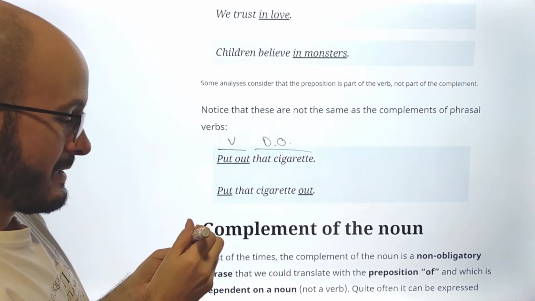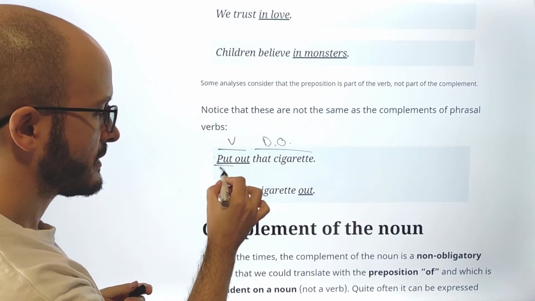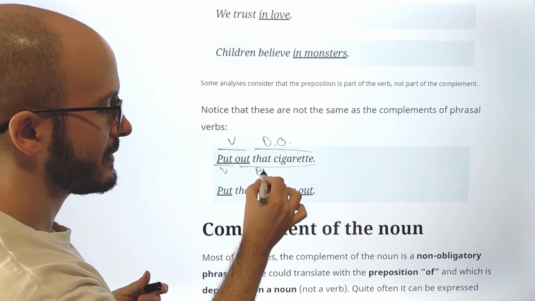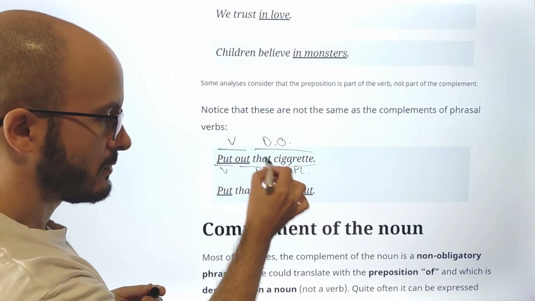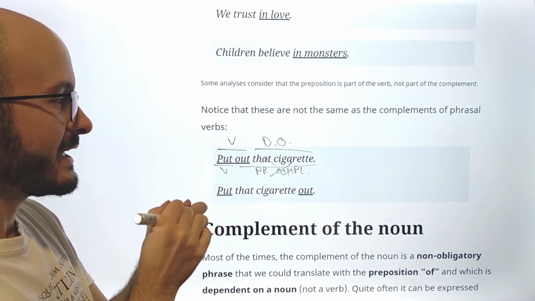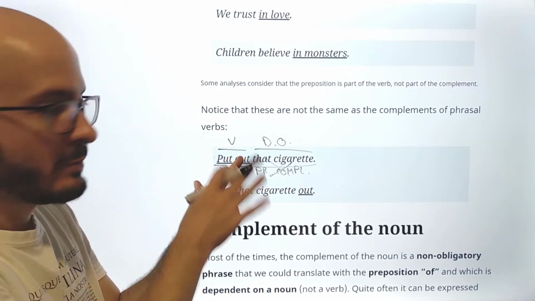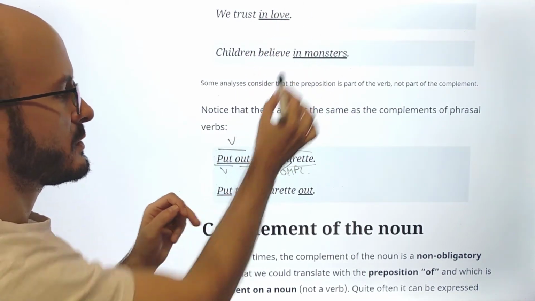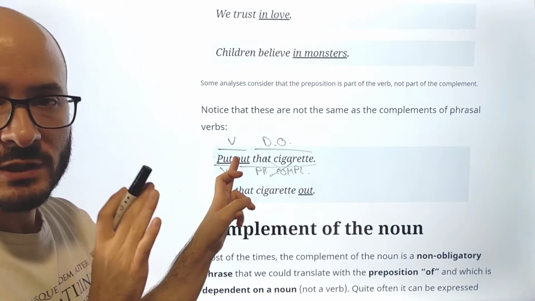Now, we could have thought something like put is the verb and out that cigarette is the prepositional complement. We might have thought that, but no, okay? In this case, this analysis is not correct. Why? Even though there seems to be a preposition here, it doesn't work in the same way because this is a phrasal verb.